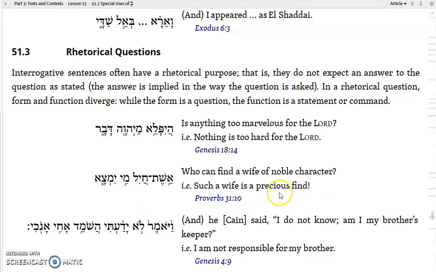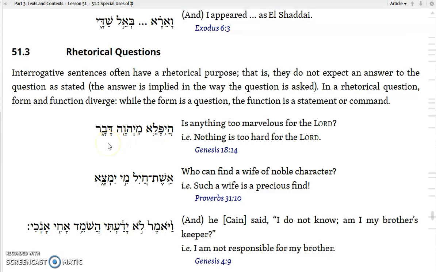For example, in Genesis 18 and verse 14, you get an interrogative, hayipale mei'Adonai davar.